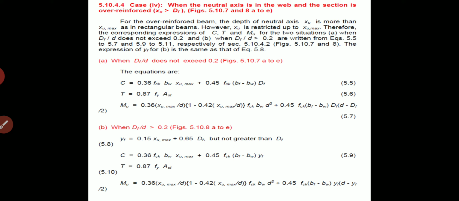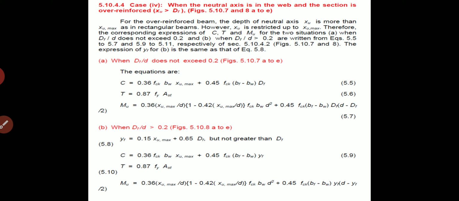Therefore, the corresponding expressions of compression side, tension side and ultimate moment for the two situations, first, when Df divided by small d does not exceed 0.2, and second, when Df by small d is greater than 0.2, are written from the equations respectively. The expression of Yf for part second is the same as that of the earlier equation.